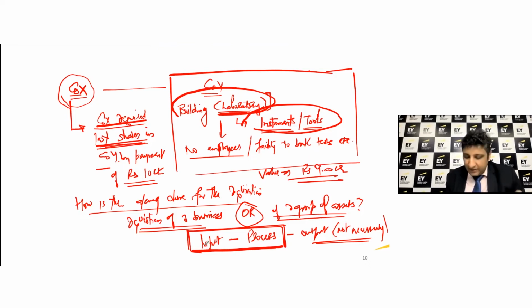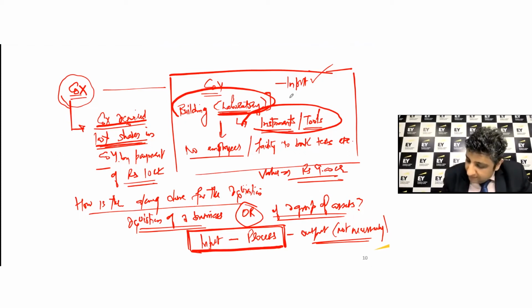Now, clearly in this given scenario, my input is present. I have the laboratory, I have the instruments, I have the tools. So everything that has the capability to generate future benefits is very much there. So yes, the input is available.